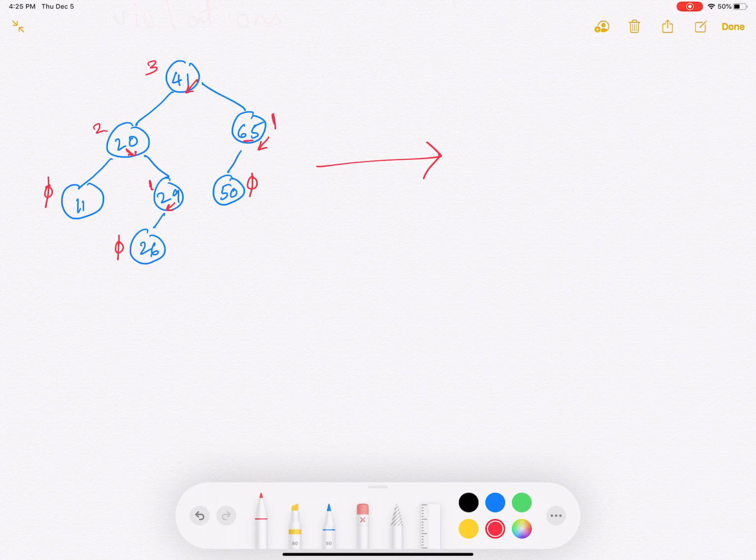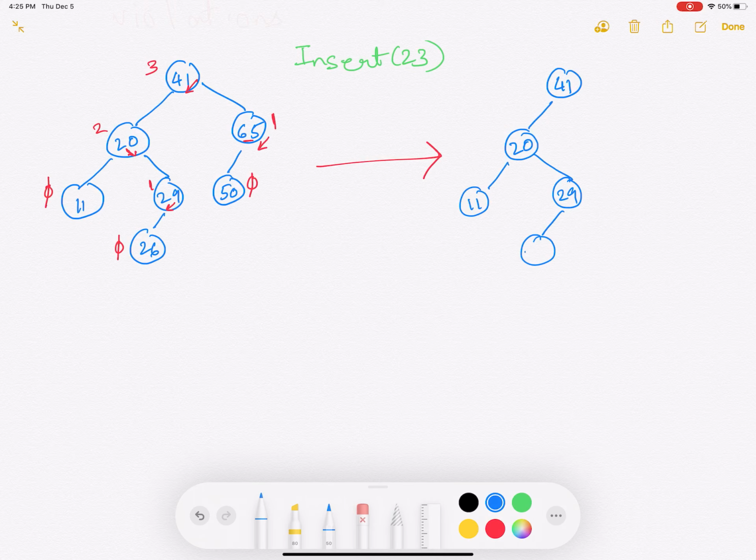Now let's insert 23. When you insert this new node, it is going to get inserted on the left side of 26. So let's draw this. It'll be 41, 20, 11, 29, 26, and then you will insert 23 here.